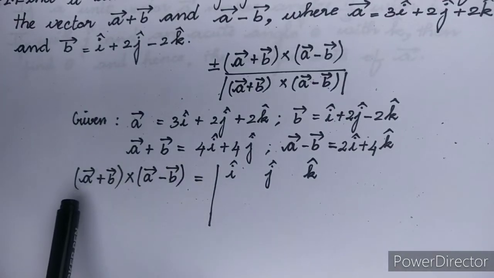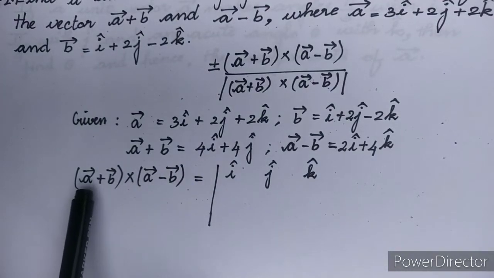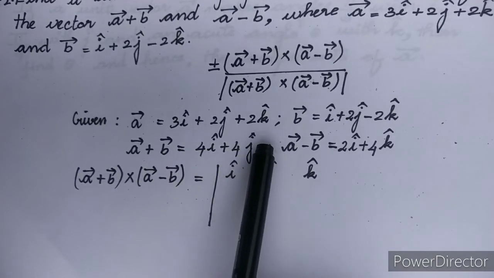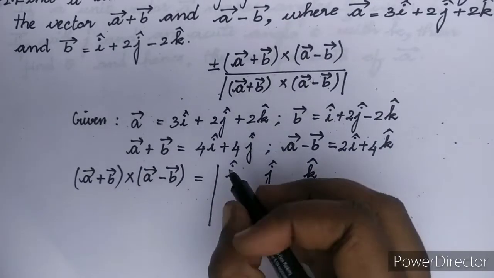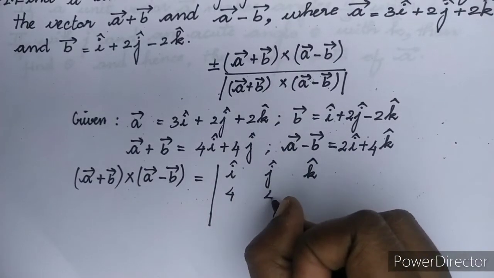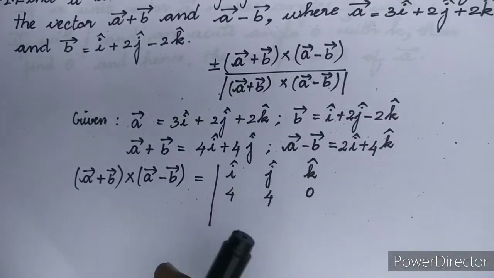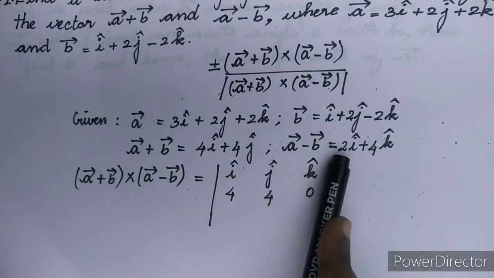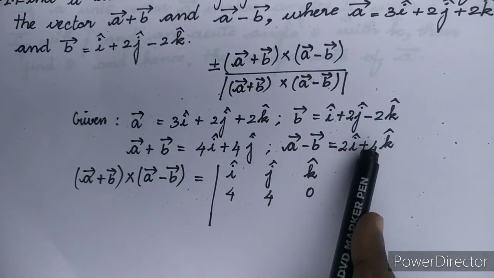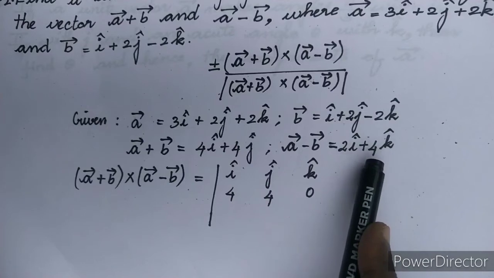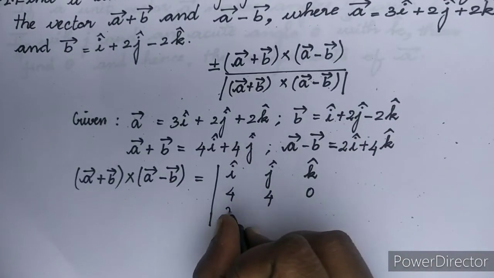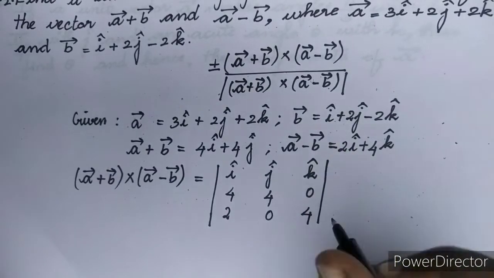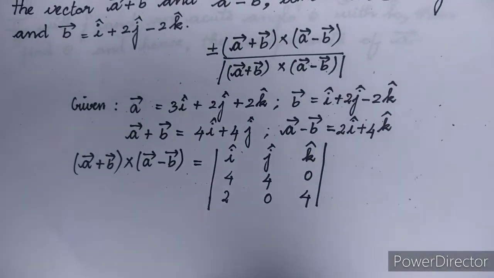Second row you have to fill with scalar components of A vector plus B vector, that is 4, 4 and scalar component of k cap is 0. 4, 4 and 0. Next scalar components of A vector minus B vector, that is 2, scalar component of j cap is 0 and scalar component of k cap is 4. So 2, 0, 4. Now we are going to expand along row 1.